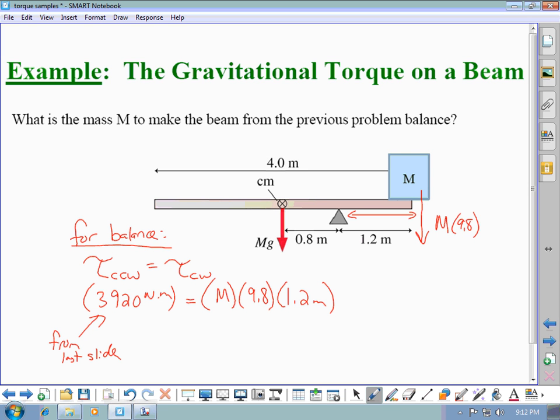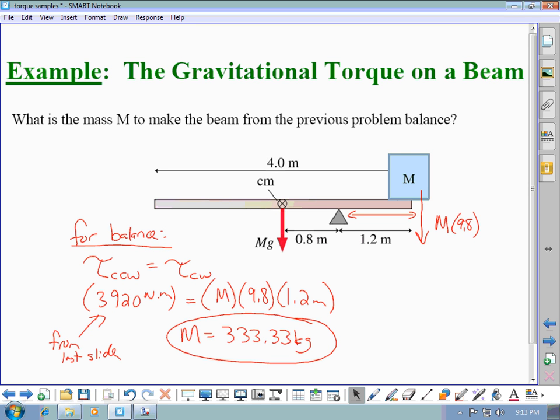And if you go through and do that, and solve for the mass, this gives you a mass of 333.33 kilograms. And again, just to see if this makes sense, the center of mass of the beam is closer to the fulcrum than this box is. So the mass of this box should be less than the mass of the beam.